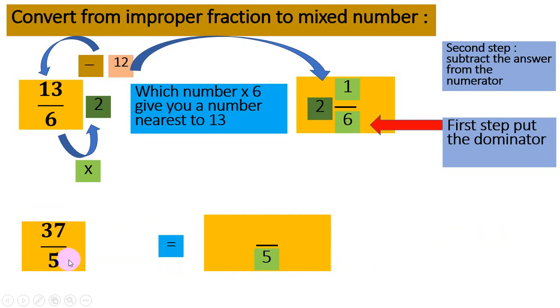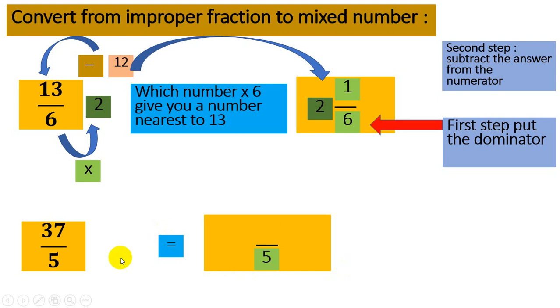Second step, search about which number times 5 give you number smaller than 37. Go to table 5. 5, 10, 15, 20, 25, 30, 35, 40. Then we take 35 or 40. We take 35.